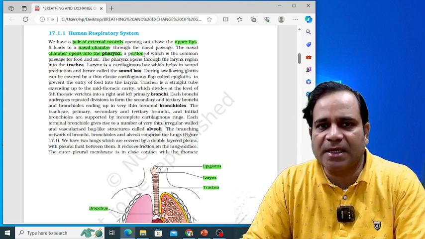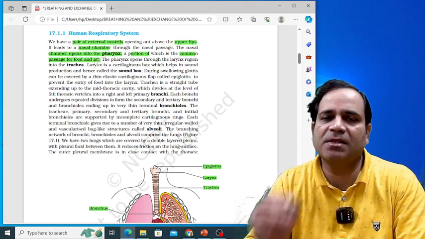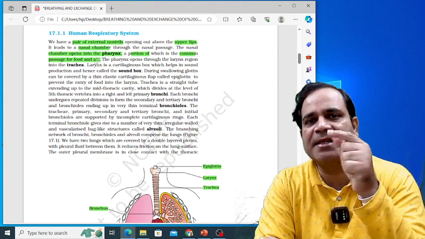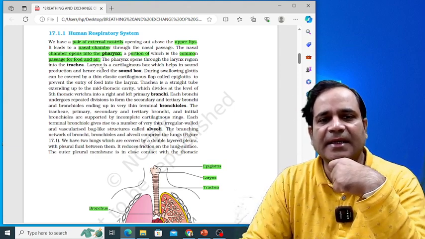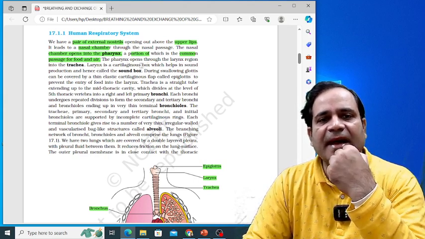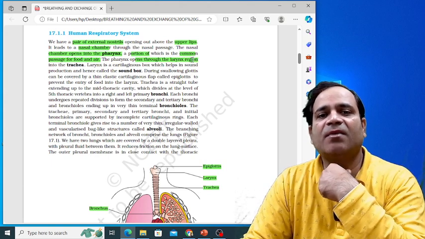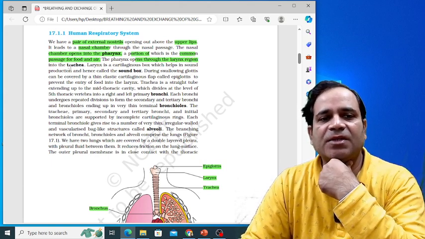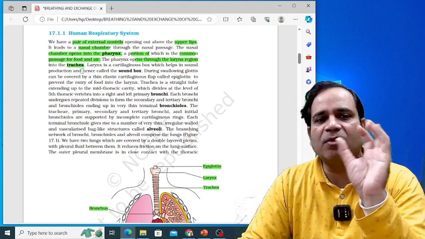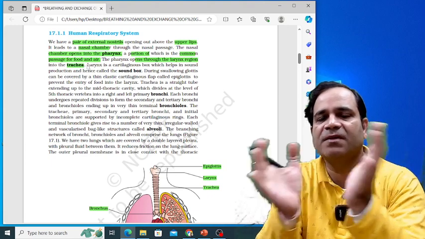And the pharynx is the portion which is the common passage for food as well as air. This pharynx opens through the larynx region, the voice box, into the trachea. Again I am repeating, the nasal chamber opens into the pharynx, and the pharynx is a portion which is the common passage for food and air.